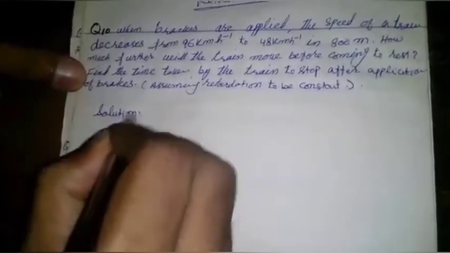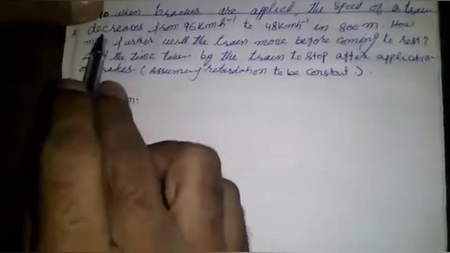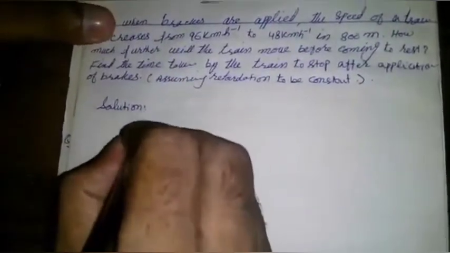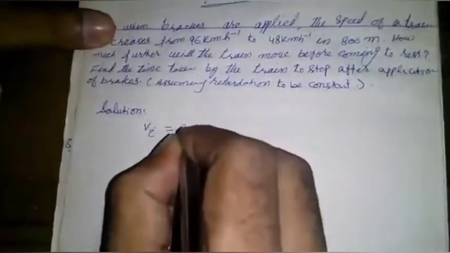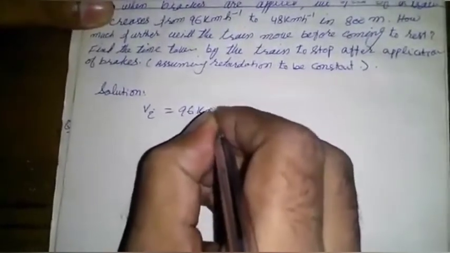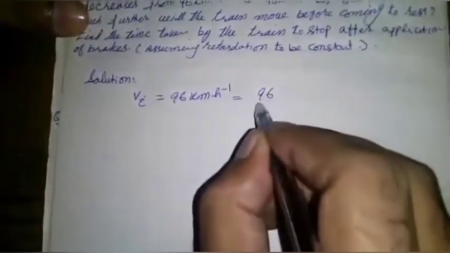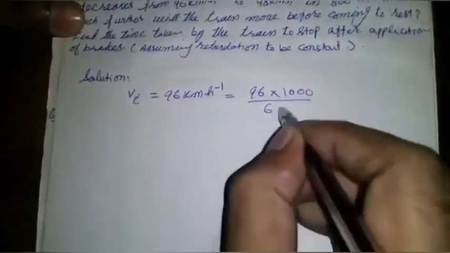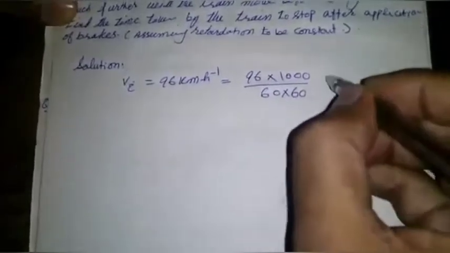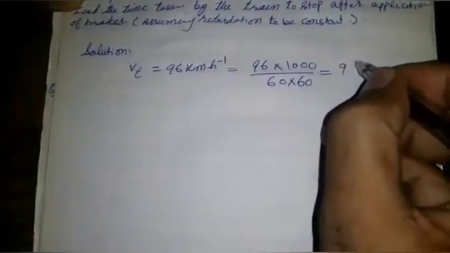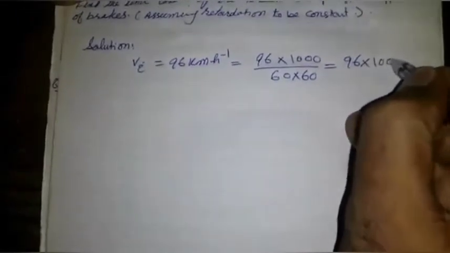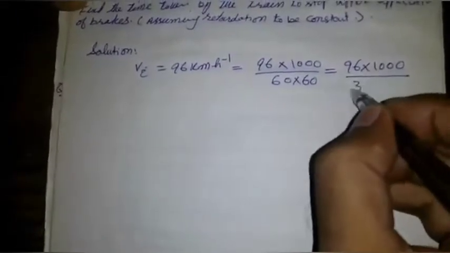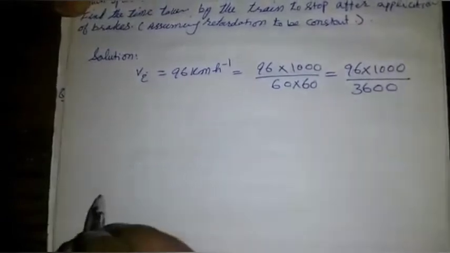Solution. Now we see its initial velocity is given, Vi is equal to 96 km per hour, which is equal to 96 into 1000 over 60 into 60, which is equal to 96 into 1000 over 3600.